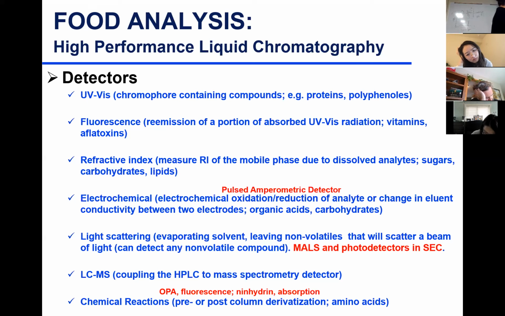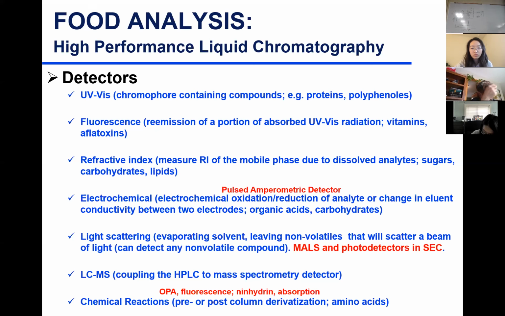But the problem here is that anything that changes in the mobile phase is going to be detected, okay? It's also not very sensitive. It has to have a certain concentration. So it's not really sensitive, and it does not differentiate between different components very well.